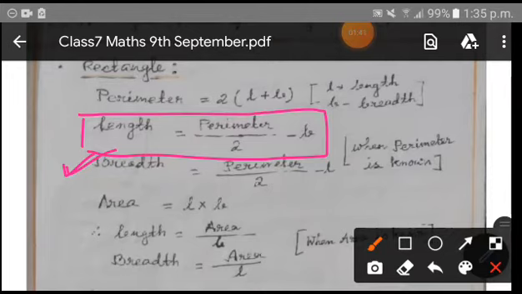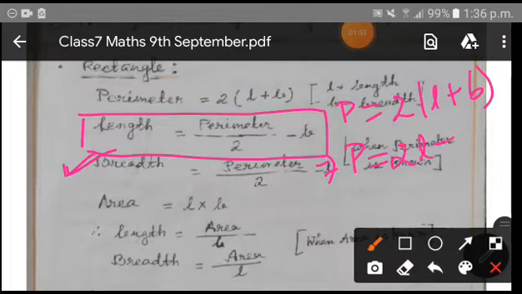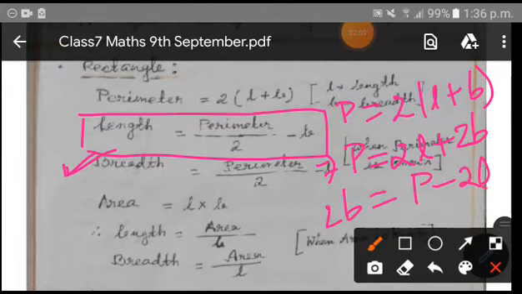How? You know that perimeter equals 2 into (length plus breadth). Now if you multiply and open the bracket, you will get P equals 2L plus 2B. Now you are separating the breadth. You will write 2B equals P minus 2L. Now B will be equal to (P minus 2L) by 2.